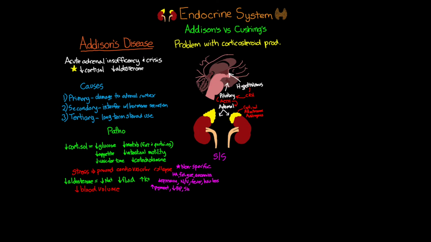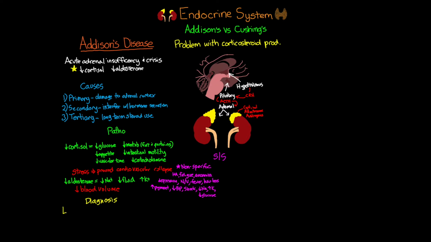You're going to see decreased sodium, increased potassium, and a hypoglycemia that's really unresponsive to therapy. So none of these signs and symptoms are really going to jump out at us and tell us that this patient has Addison's disease. We're going to really need to look into these symptoms as well as some specific tests that we can perform to really figure out how to diagnose these patients.